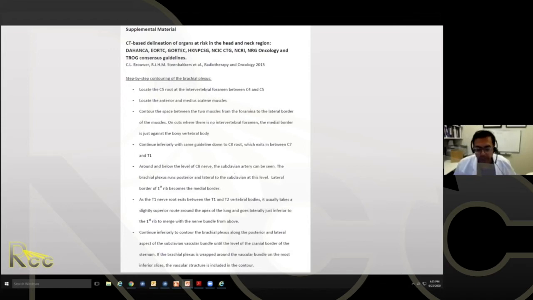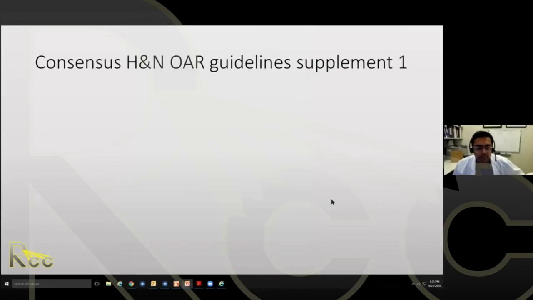The brachial plexus runs posterior and lateral to the subclavian at this level. And then you will also need to add in the T1 nerve root, which exits between T1 and T2, that goes around the apex of the lung. I'm going to show this to you, but this takes some practice.